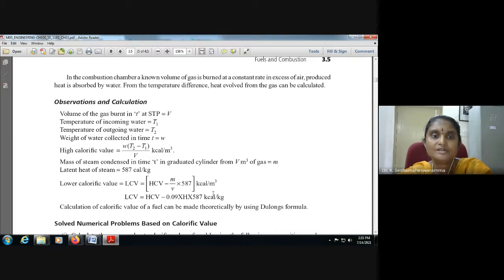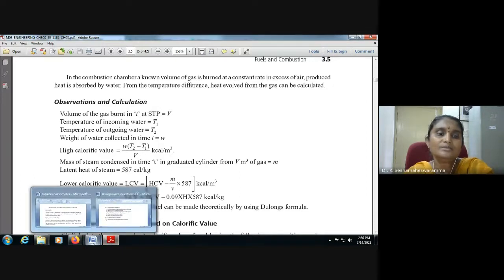LCV is equal to HCV minus 0.09 into H into 587 kilocalorie per kg. So the calculation of the calorific value of a fuel can be made theoretically by using the DeLong formula.